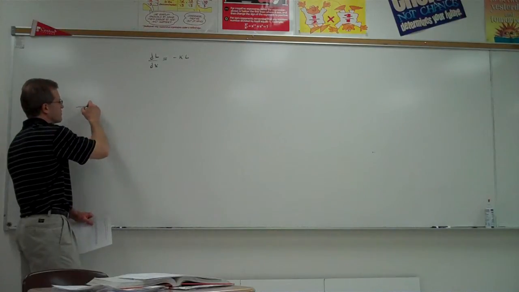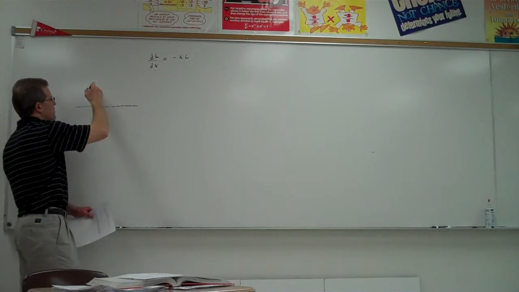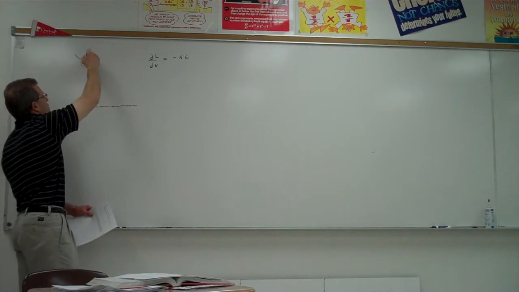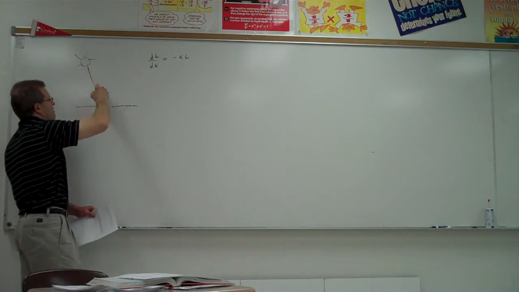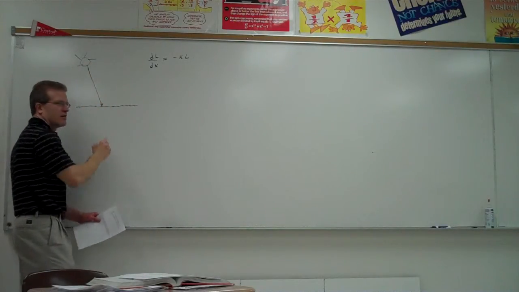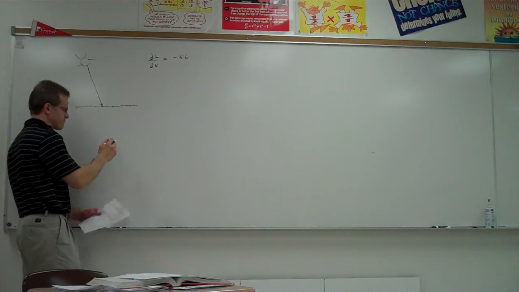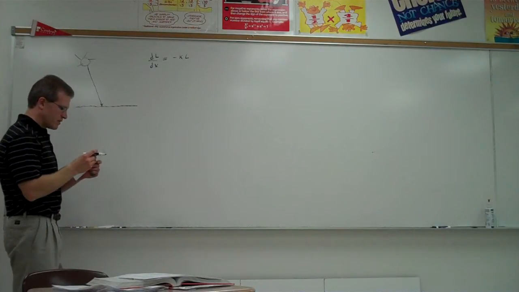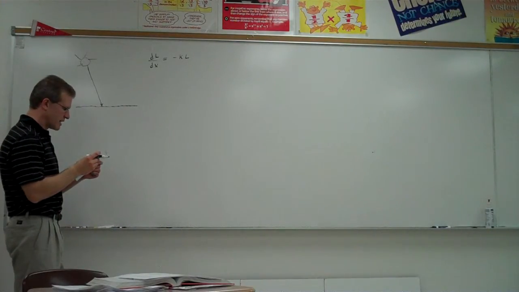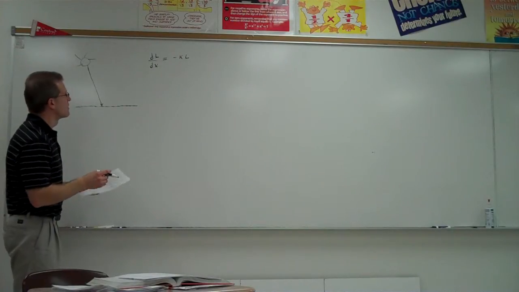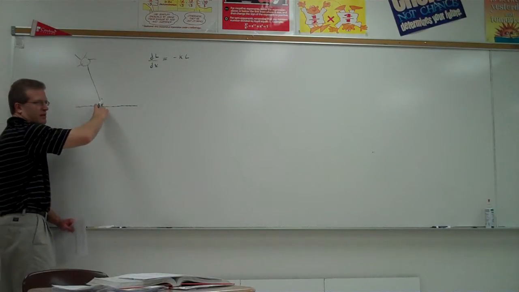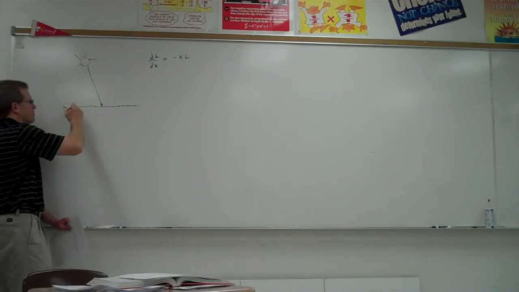So, you've got the surface of the water here. You've got the sun up here. You've got light shining down into the water. And we know that when it's 9 feet deep, the light intensity is cut in half. So let's call the amount of light right when it hits the water L sub 0.